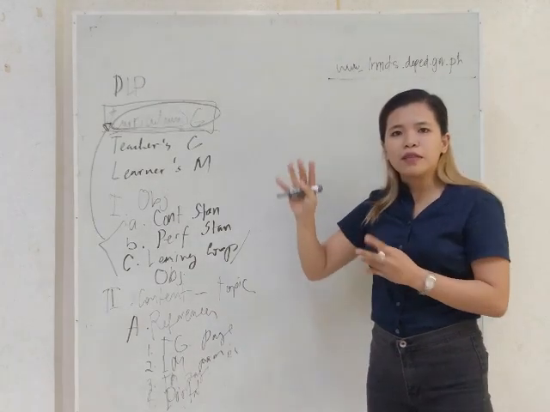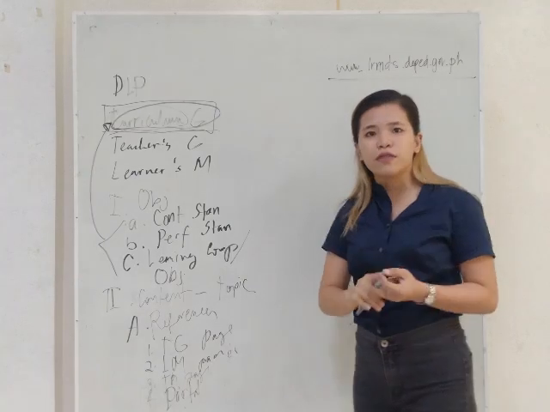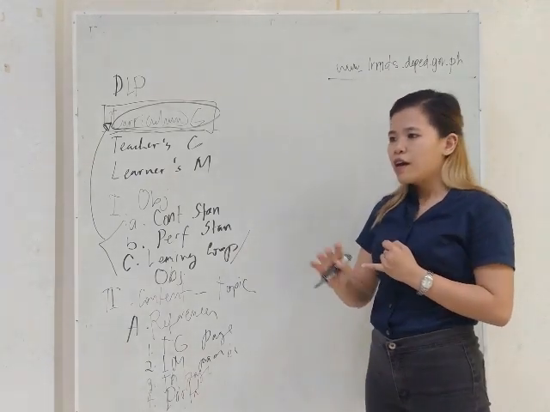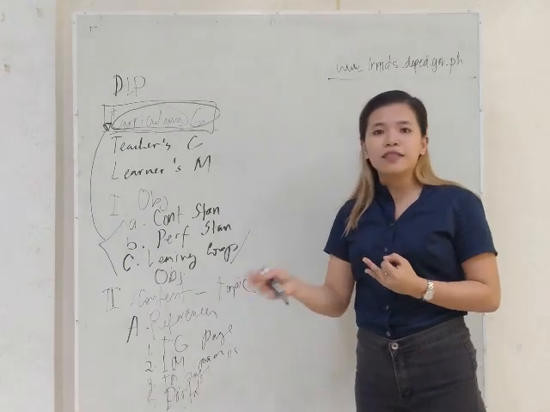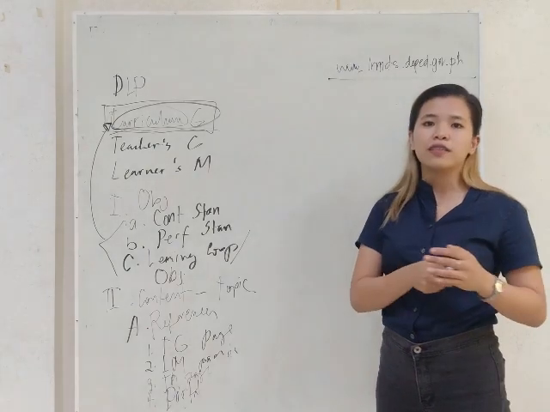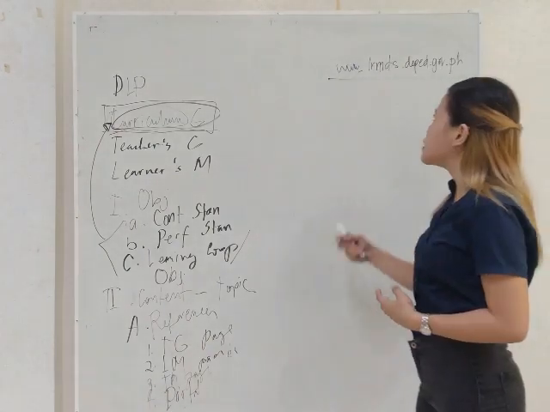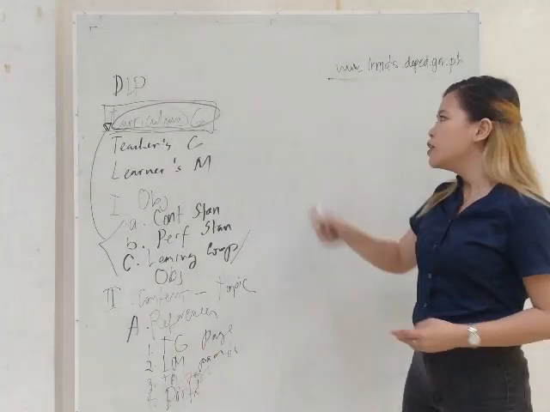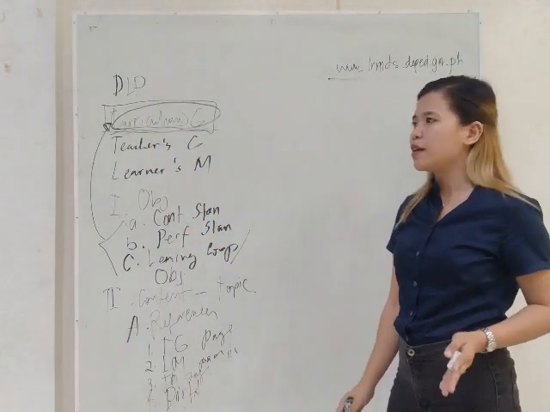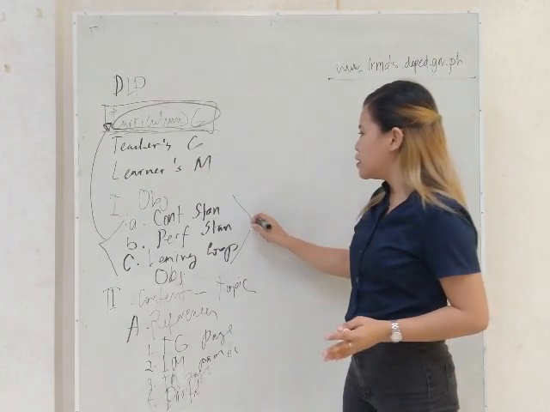Meron silang provided materials for different categories of students, like for Muslims, meron silang madrasa na tinatawag. For indigenous people din meron, and also for special education. But in some cases, materials are not available. But I'm sure na provided is the curriculum guide. So you are safe with this part.